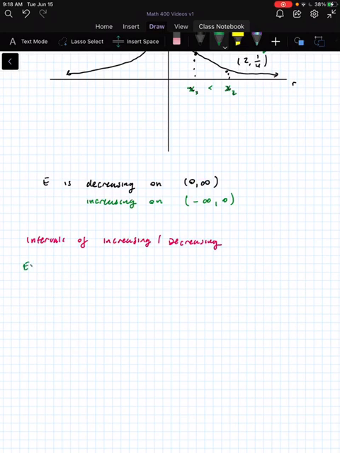So here's an example. We're going to find intervals of increasing, which I'm going to abbreviate as II, and intervals of decreasing, which I abbreviate as ID, for the function f of x equals x squared times x plus 3.